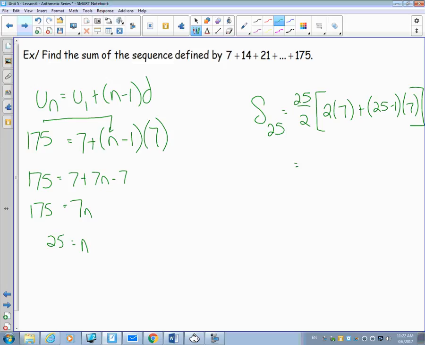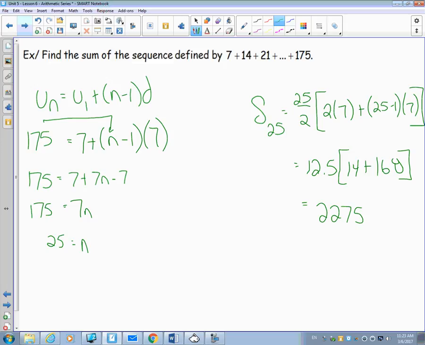And we'll do the math where we can. So I got 12.5, 14, and then 24 times 7 is 168. And I punch that on my calculator, and I end up with 2275.